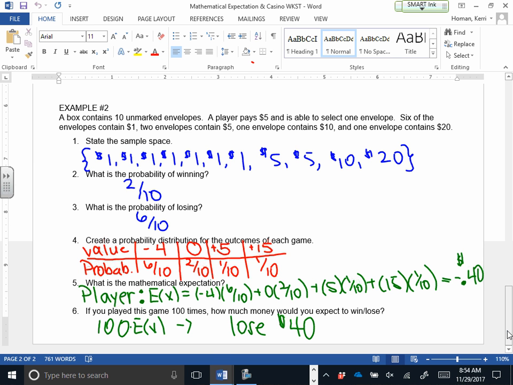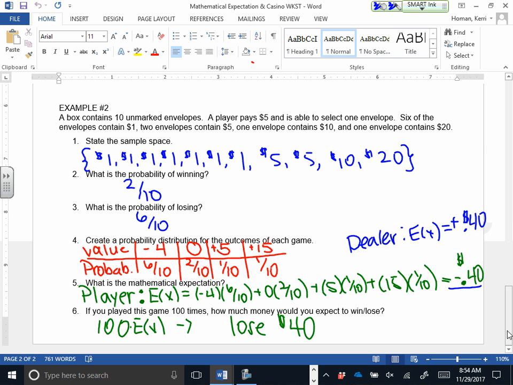That's what that means. Each time your game is played, you are making 40 cents. Okay? So if the player has a negative mathematical expectation, then the dealer would have what kind of a mathematical expectation? Positive. Okay? And it's the same number, just opposite. If the player has negative 40 cents for mathematical expectation, then the dealer has positive 40 cents for mathematical expectation. Okay?